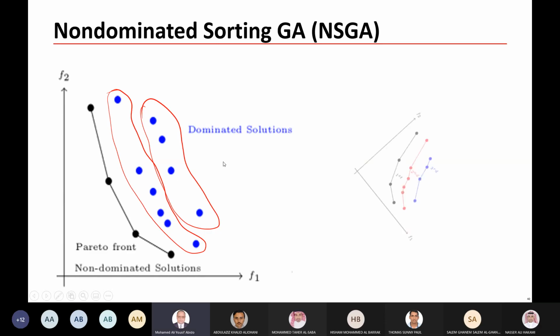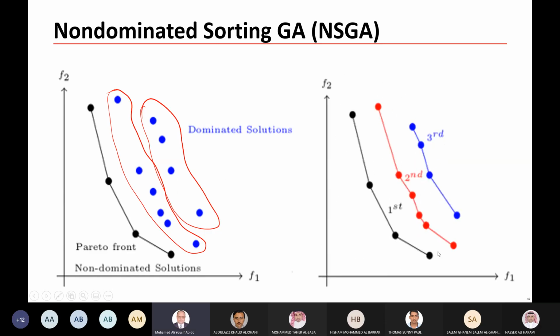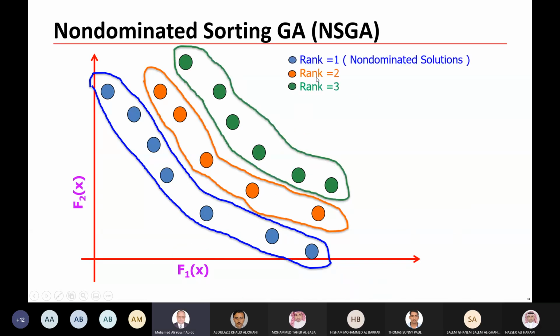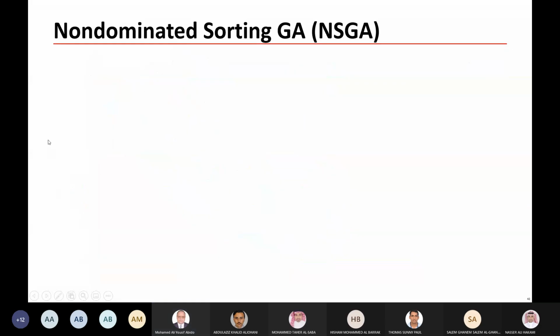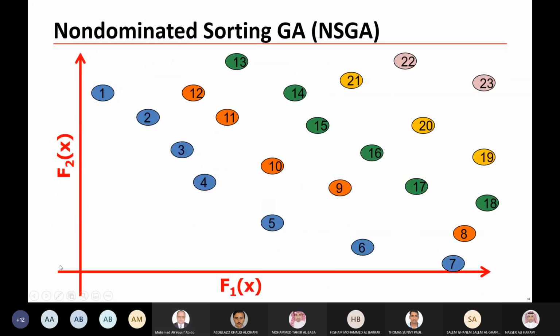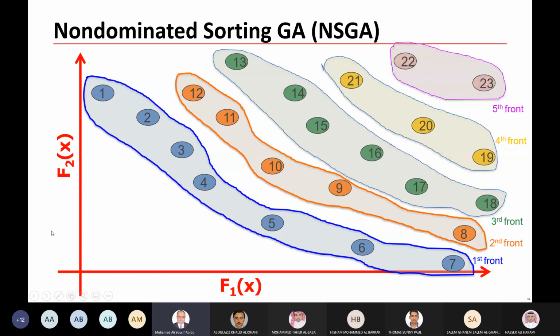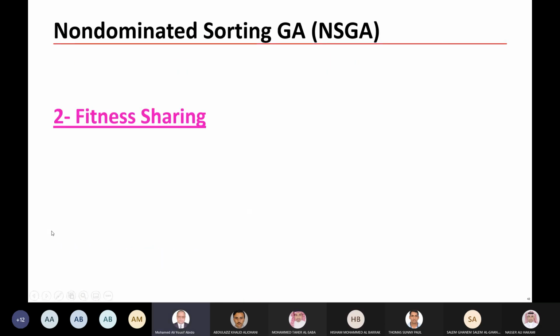Okay, so you rank them as such: first front, second front, third front, until you finish all the solutions in the population. So this is how to identify first front, second, third front, rank 1, rank 2, rank 3, and so on. You rank all the population: first, second, third front, fourth, fifth, and so on.